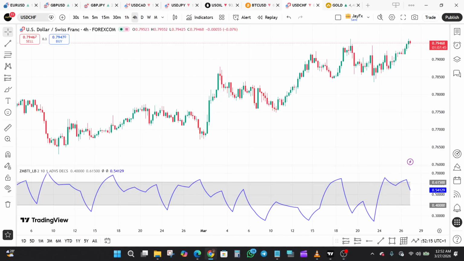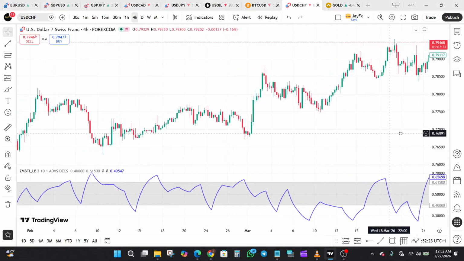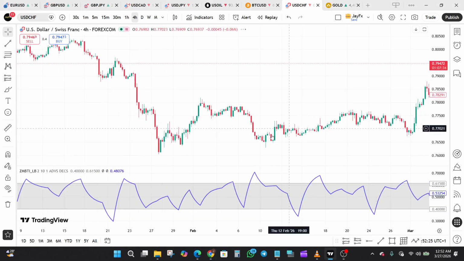Now as you can see, this indicator can help us to identify the prevailing momentum in the market as well as potential overbought and oversold levels.